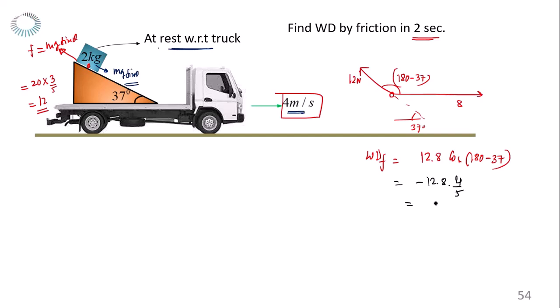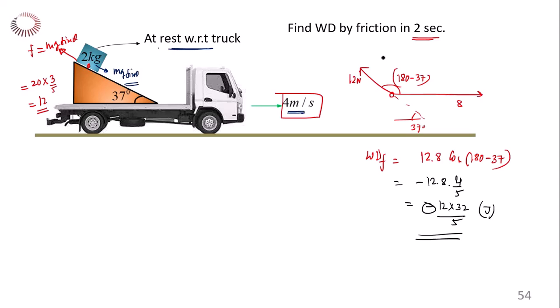So minus 12 into 32 by 5, that is the work in negative terms. Why? Because the displacement is in the forward direction and the force is somewhat inclined, that's why the angle is 180 minus 37. So the work done by friction is negative.